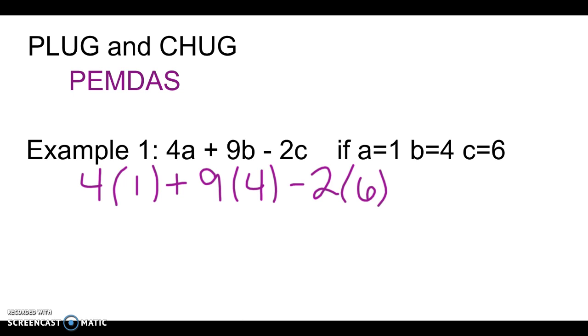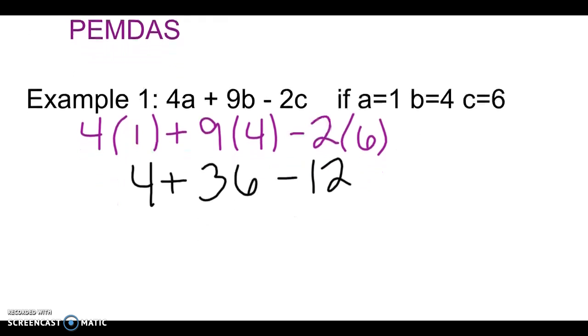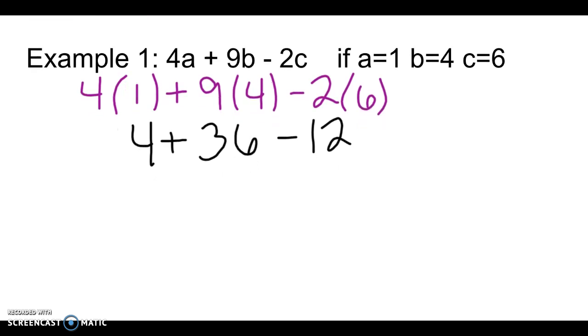Okay, so 4 times 1 is 4 plus 9 times 4, which is 36, minus 2 times 6, which is 12. All right, 4 plus 36 gives us 40 minus 12.